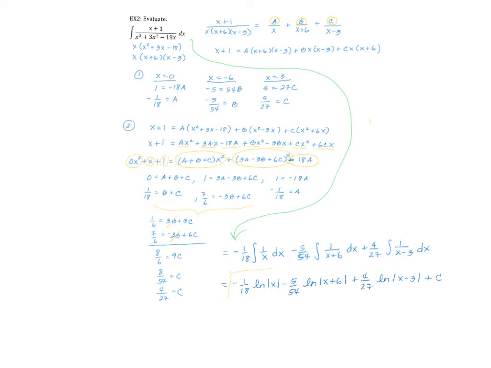Now, if you feel like playing around with this and you want to try to make it into one natural log, because you could, that's fine, but that's just a waste of your time. The point of this is to be able to break down the integrand into smaller pieces that we can integrate.